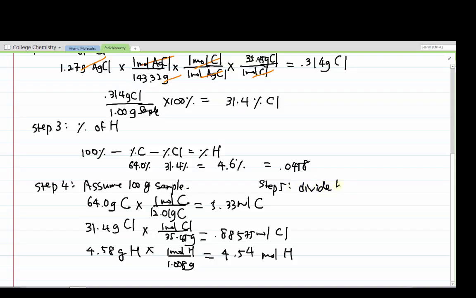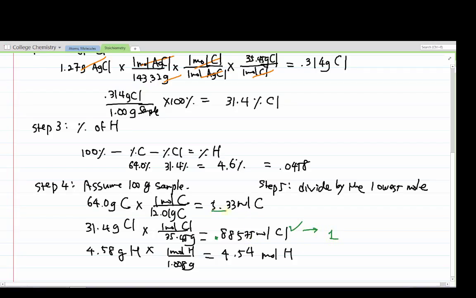Step 5, divide by the lowest mole. Looking at this, our good candidate is this. 0.88575 is the lowest out of these. So if you divide this by its own number, you're gonna get 1, right?